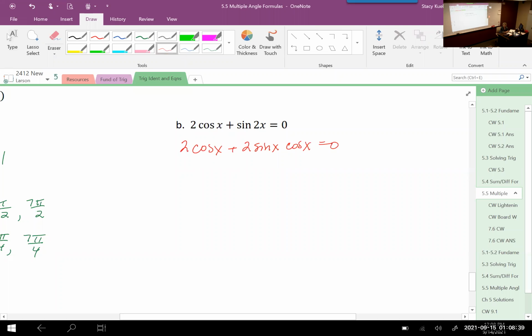Now we have a common factor of cosine x. To factor 2 cosine x, we can factor out 1 plus sine x is equal to 0 when I factor that out. Now I can set each of these factors equal to 0. So 2 cosine x equals 0, and then 1 plus sine x equals 0.